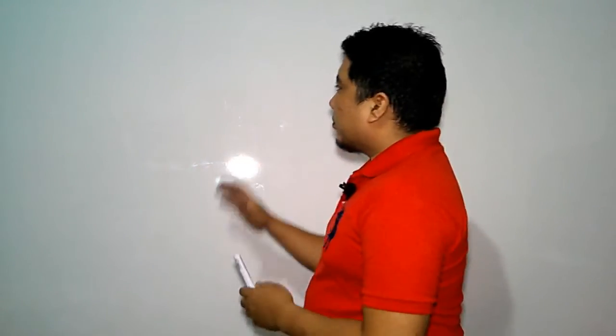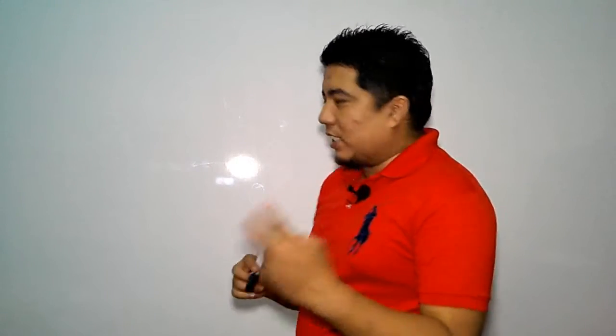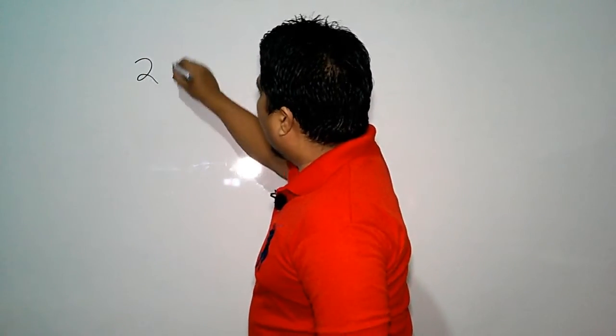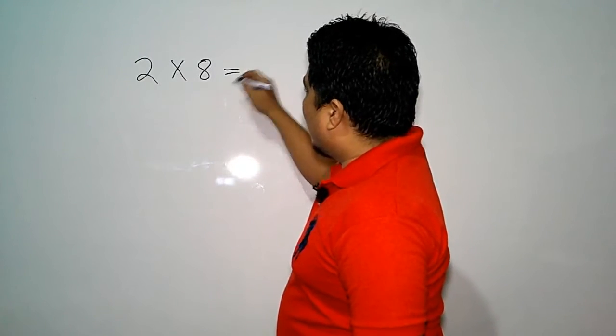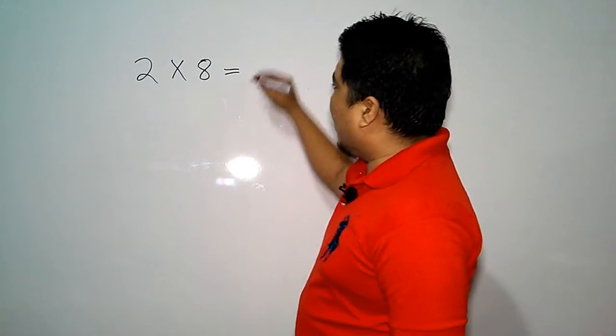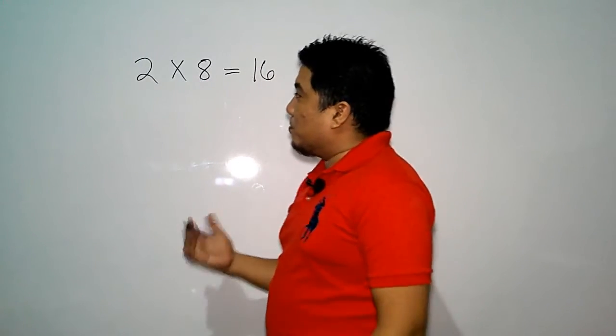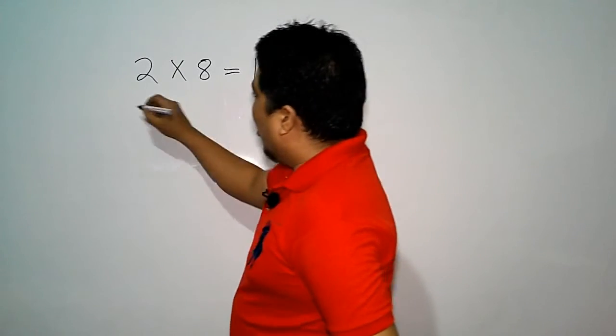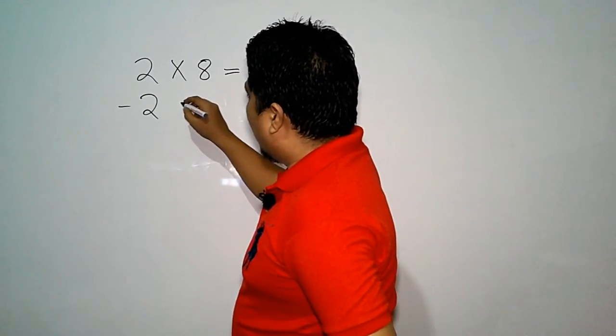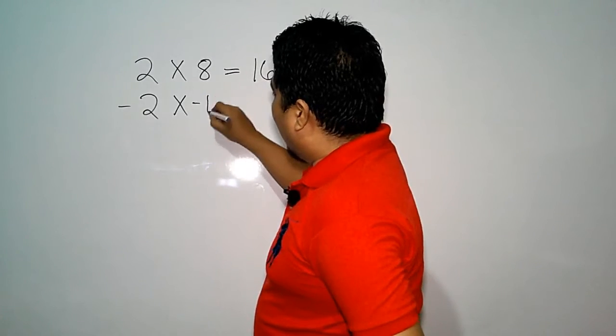Very simple. Now, I want you to discover these two rules. I will be giving you some examples. Now, let's consider two positive numbers. 2 times 8. The answer is positive 2 times positive 8. The answer is positive 16. If we consider two negative numbers, we have negative 2 times negative 10.